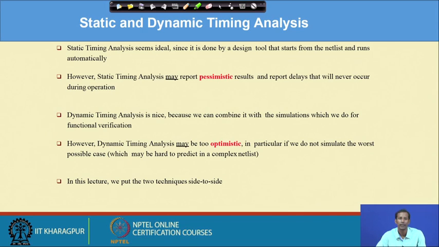What will be the optimum number, the minimum number of test vectors, and what will be the combination, so that my system will not fail? Those people working in the testing and verification area work on that. But these two cases we use for any VLSI chip design.